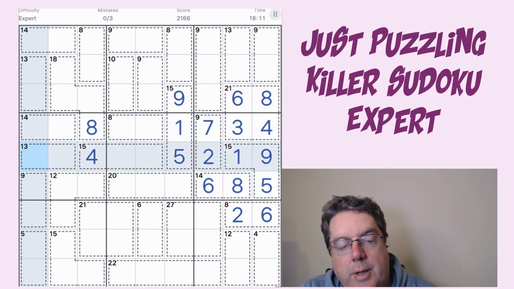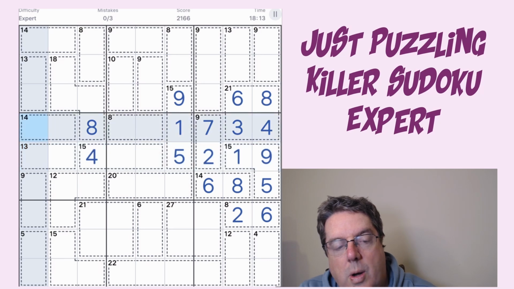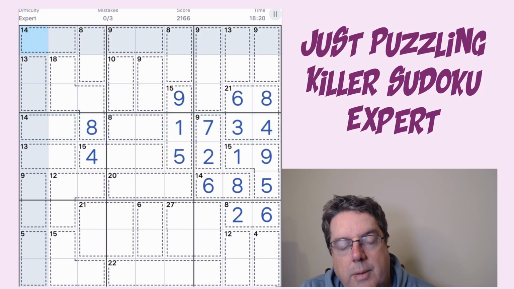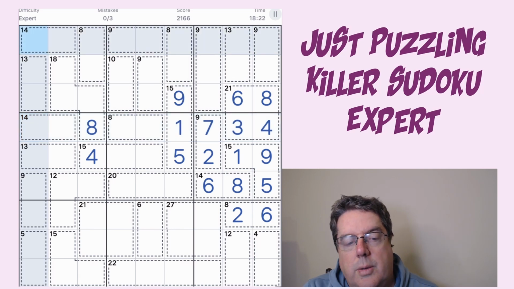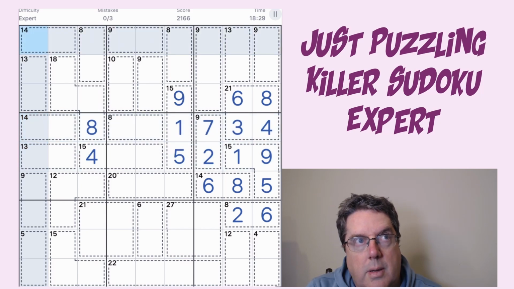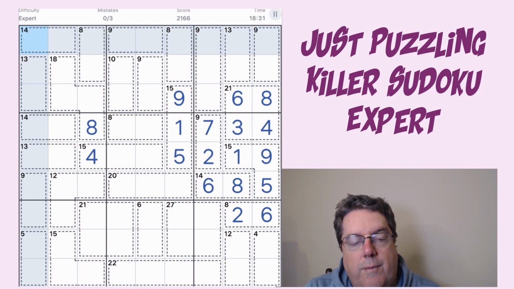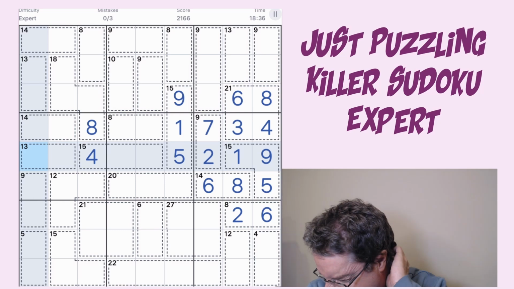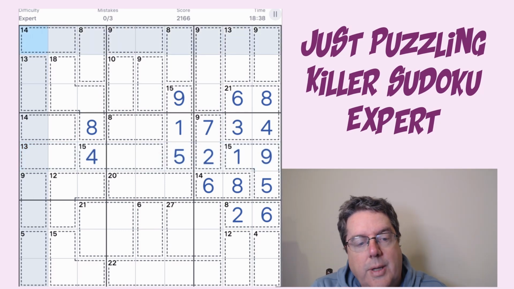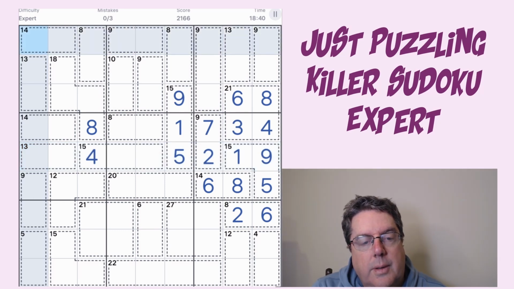If that's a 6, that's a 9. 6 and 9 is 15, that's a 3. That doesn't work. So if that's a 5, that's a 6, that's a 7. That doesn't work. If that's a 5, that's a 7, 12, and 6. That actually works.